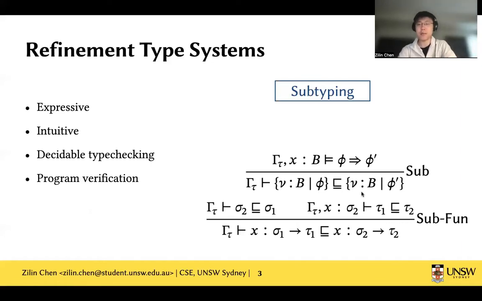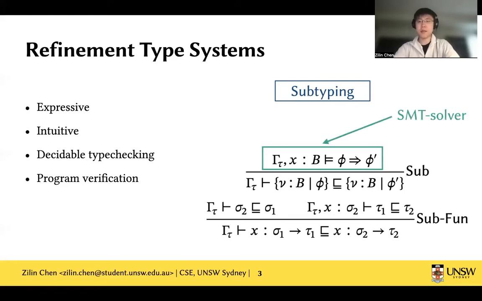Usually, we need to have a separate sub-fun rule to handle functions because of the contravariance in the argument position. The logical entailment in the sub rule is usually outsourced to an SMT solver, and this is why the logic in the refinement predicate has to be chosen very carefully so that SMT solving remains decidable.